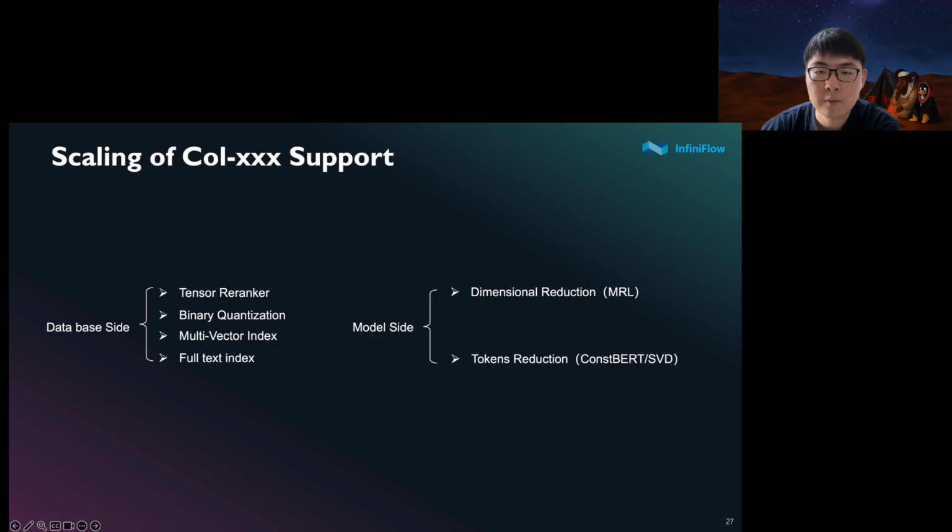Depending on the task, can we selectively apply binary quantization on the infrastructure side? Or can we use models like MRL or Constable to get better semantic understanding with less computation? Definitely worth a try, right?